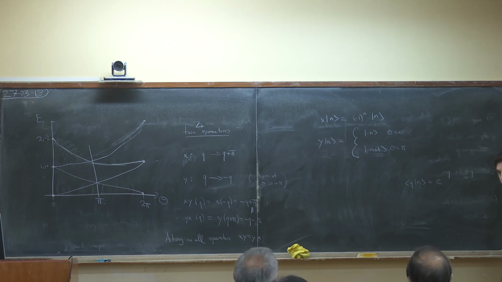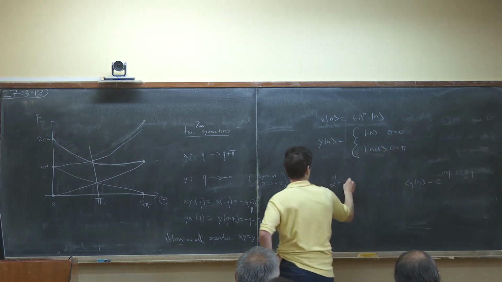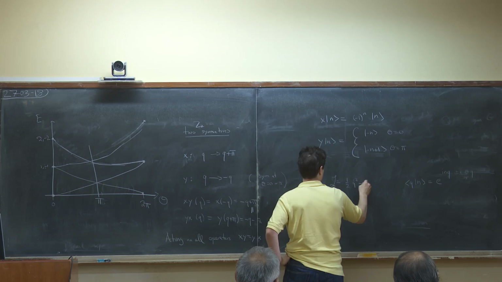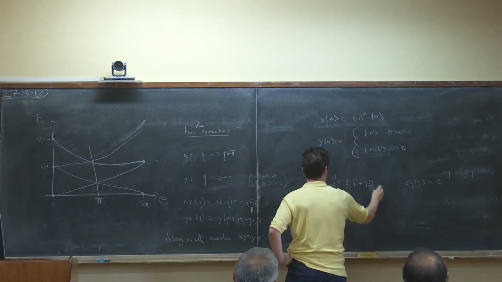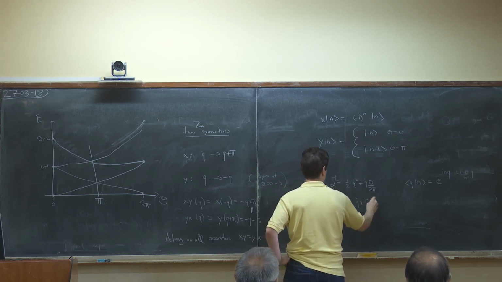Yeah. I thought when you did it, you said the conjugate momentum has to be d by dq. So the Lagrangian was... and the conjugate momentum is q dot plus some theta.